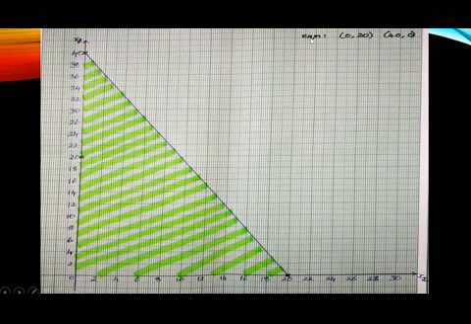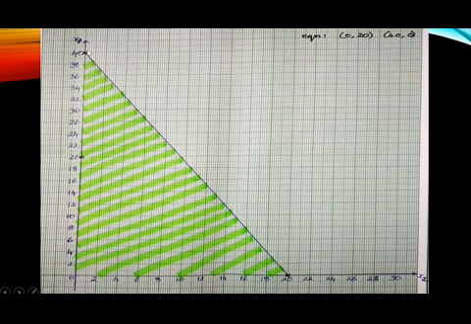The first equation coordinates were (0, 20) and (40, 0): 0 along x1 and 20 along x2, so this will be the point. Then 40 along x1 and 0 along x2, this will be the point.